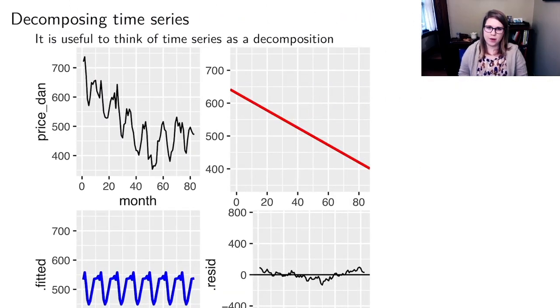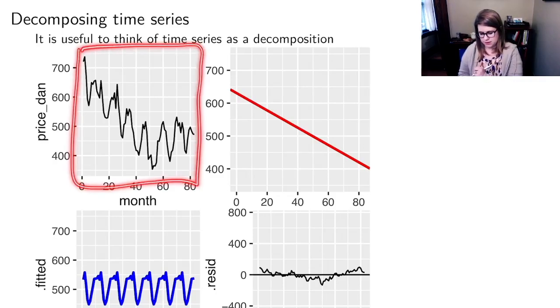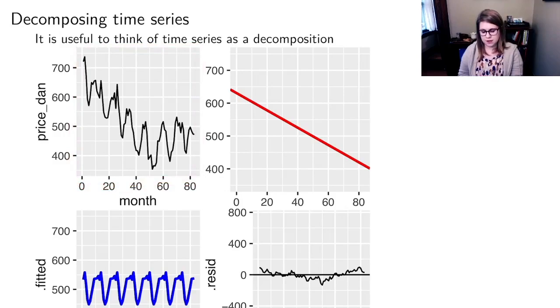So when we think about time series, it's often useful to think about time series as a decomposition. This is my original data set of the butter prices. And I could think of decomposing that into a linear trend, which is negative, a seasonal means trend, which has some periodicity, and then the residuals, the variability that's unexplained.